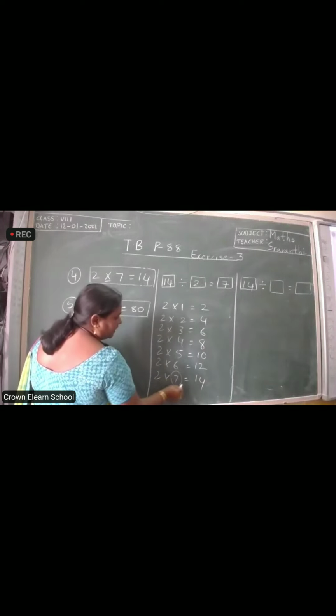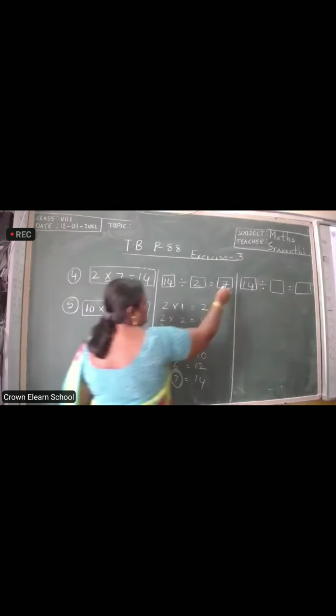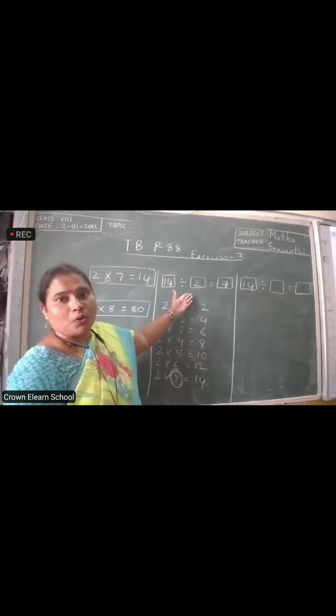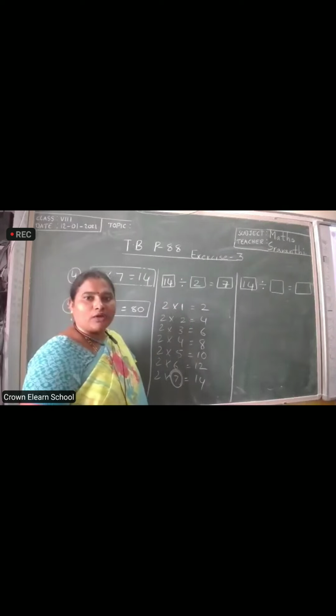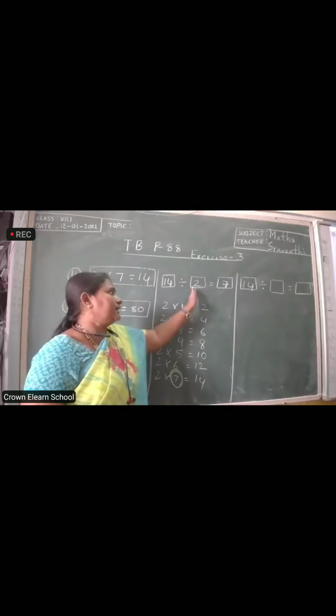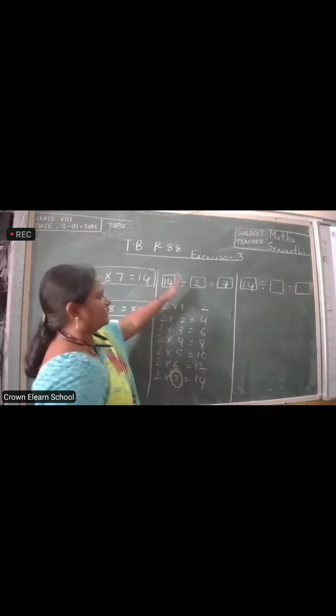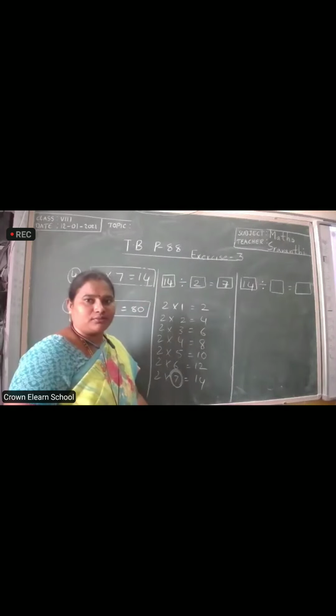So 7. We have written already here. So this is correct. What you have written is correct. If you read table also, you are getting same. Understood? You can check. After writing, you can check, read the table and check.